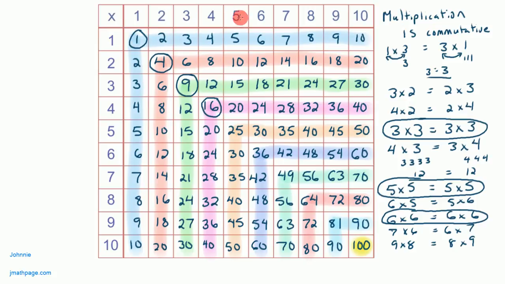5 times 5, 25. 6 times 6, 36. 7 times 7, 49. 8 times 8, 64. 9 times 9, 81.